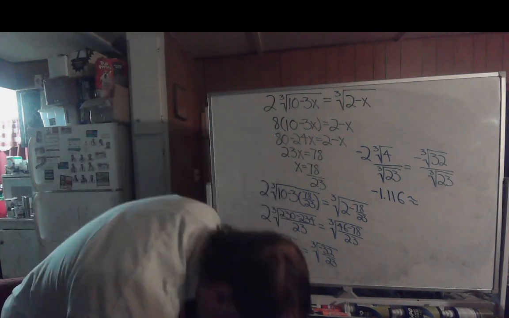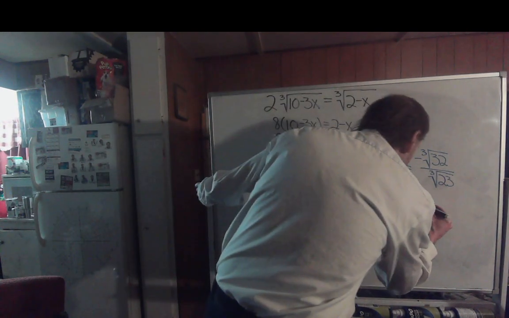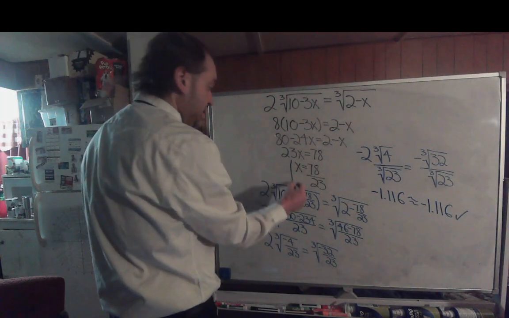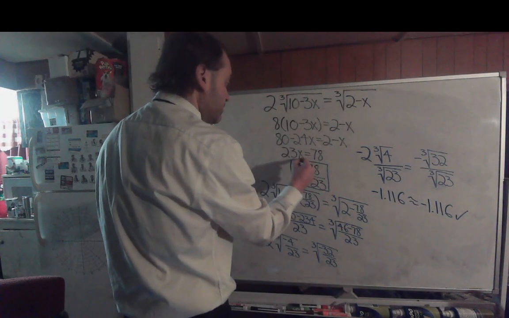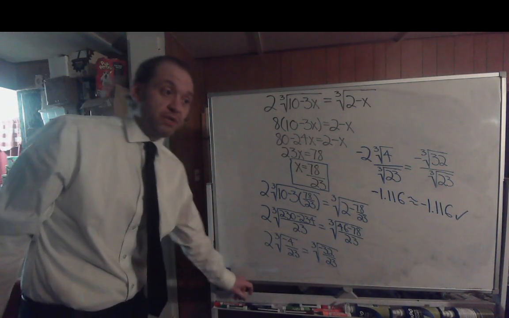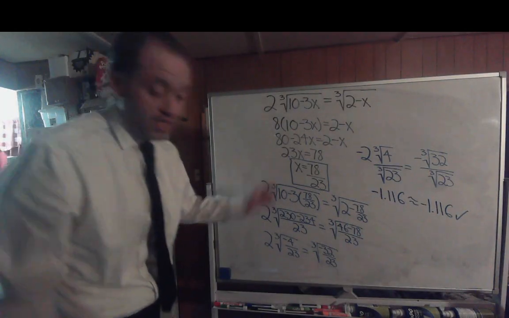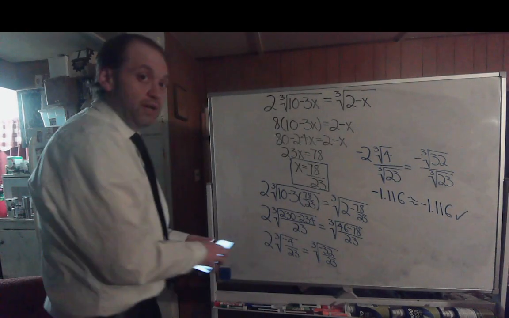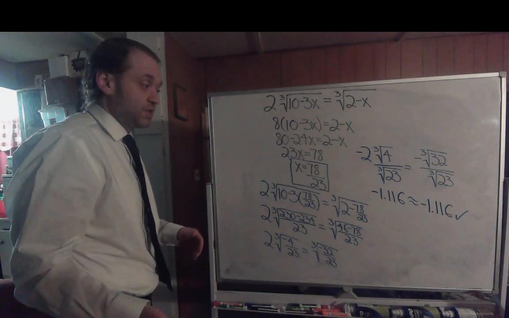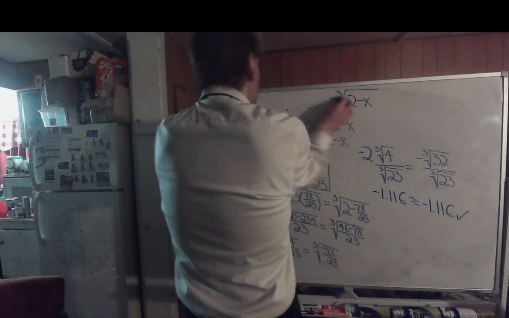You get negative 1.116. This is basically just checking to make sure they match up. So yes, left side equals the right, so x equals 78/23 would in fact be your solution. And that was not a pretty solution, not by any stretch of the imagination, but it does shape out that way sometimes. So keep that in mind.